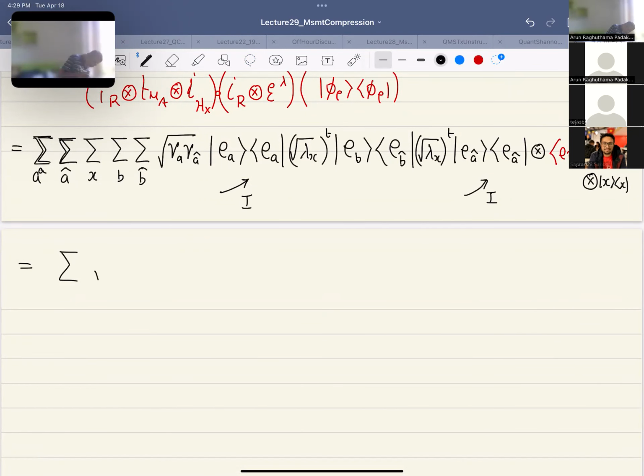You'll get root rho, lambda X, root rho tensor X. So the lambda x's and the lambda x's become identity. Root lambda x and root lambda x become identity. There's only one thing that you will get, a transpose here.